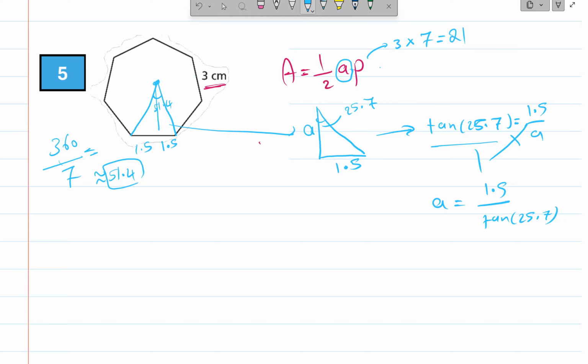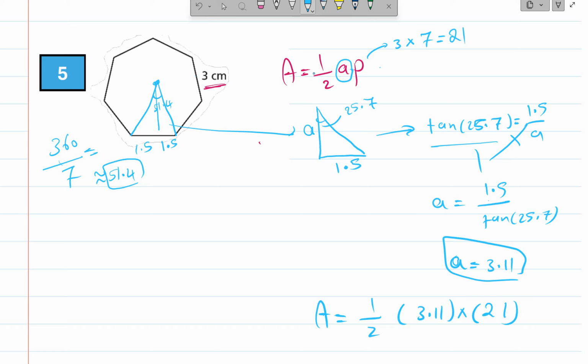If you do this with a calculator, 1.5 divided by tan 25.7, we get 3.11. So a equals 3.11. We found a. So finally we can substitute. A equals 1 over 2 times 3.11 times 21. We found P is 21.